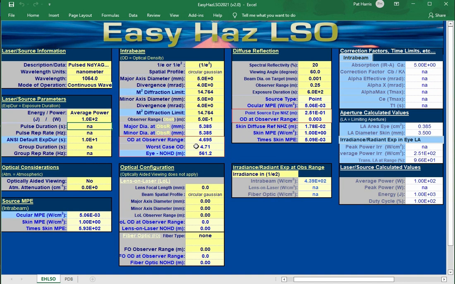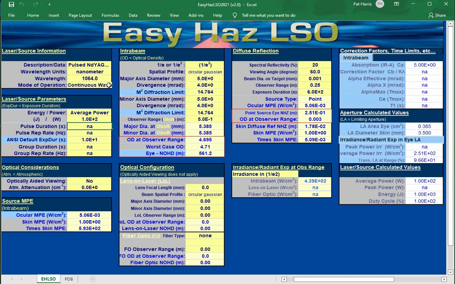So really, even if we had just a continuous wave and single pulse, we could still analyze this problem. But being able to look at it all at once using repetitive pulse, the software tells us what's going on and then decides which is the more hazardous condition. Is it the pulse or is it the average power? So it does it for us automatically.